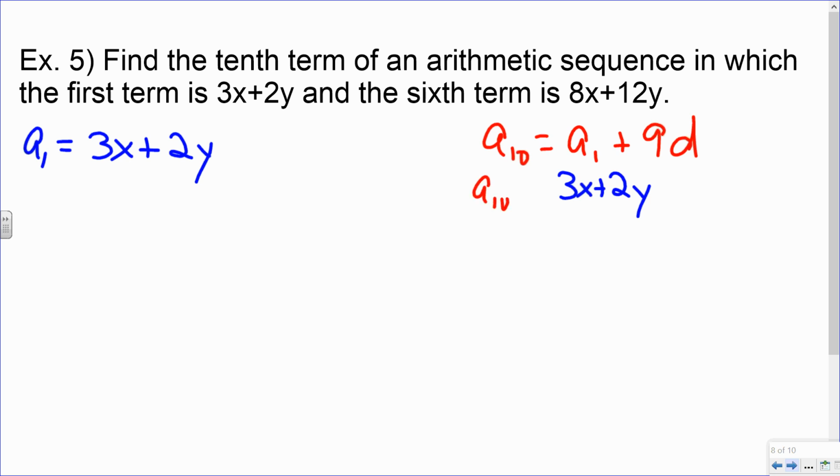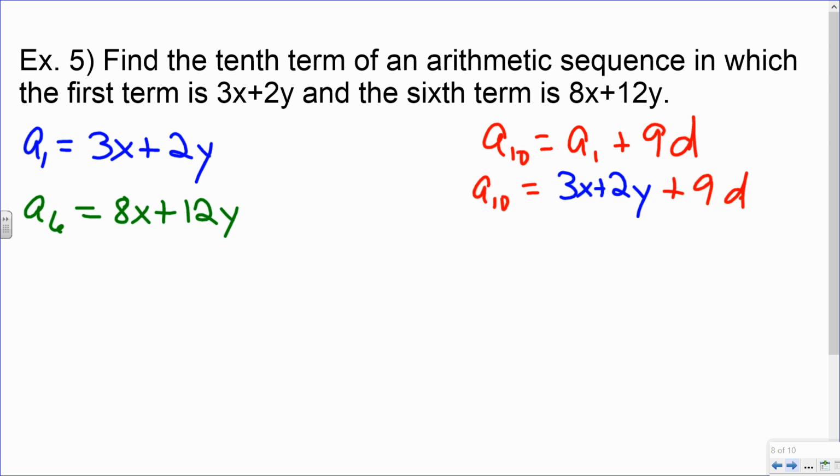So the 10th term is that plus 9d. If I just knew d. Well, let's see. What information haven't I used yet? I have not yet used that the 6th term is 8x plus 12y.